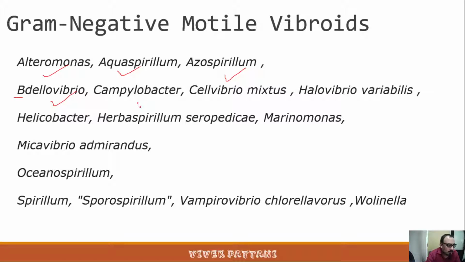Next, Campylobacter, Halovibrio mixtus, Helovibrio variabilis, Helicobacter, Herbaspirillum, Serpens, Marinomonas, Micavibrio admirandus, Oceanospirillum, Spirillum, Sporospirillum, Vampirovibrio, Cornella varus, and the last one is Vollinella.